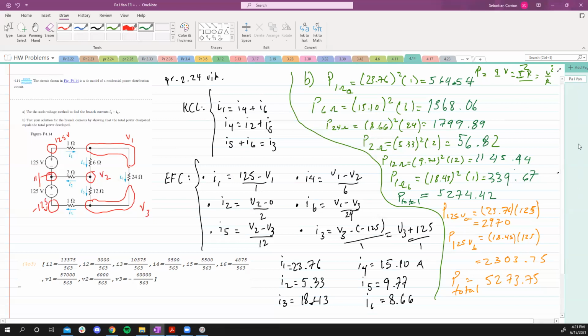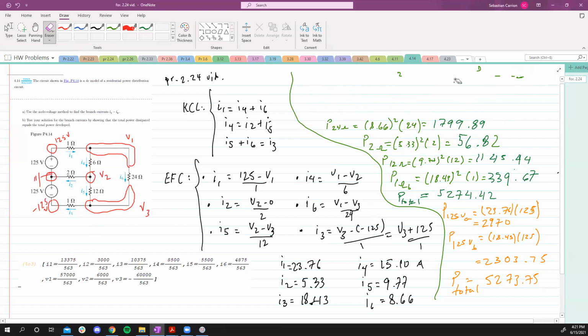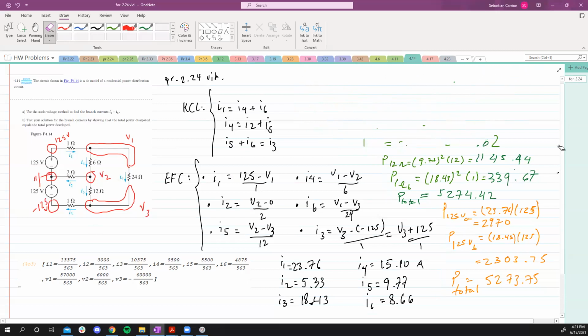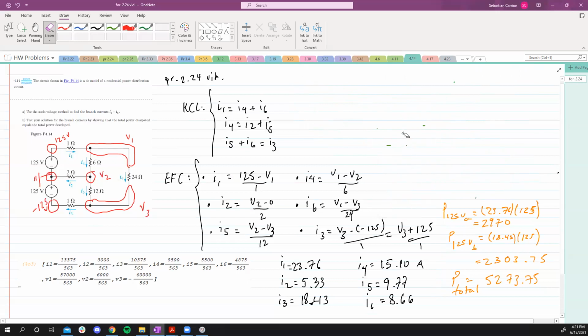I could go with these exact values. I think actually that might make the difference here. Let's go ahead and redo this. I apologize.